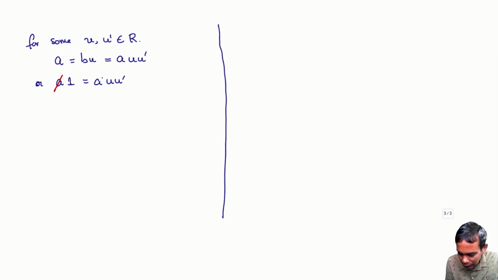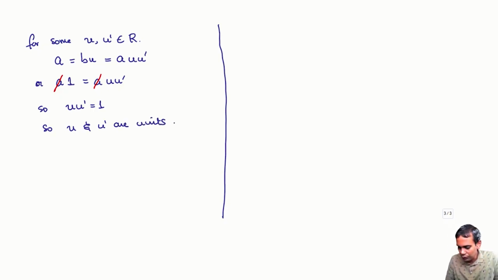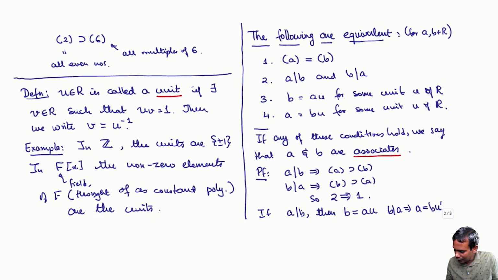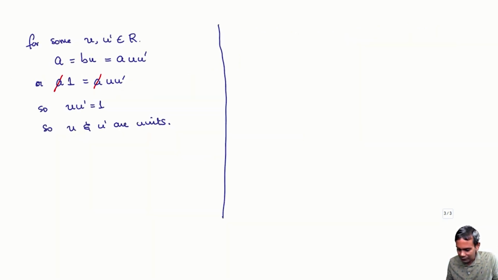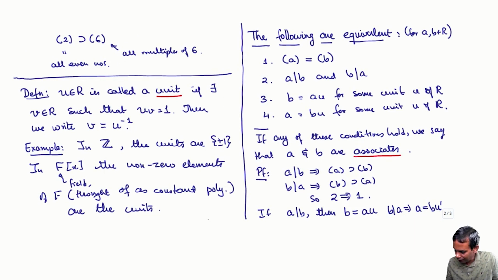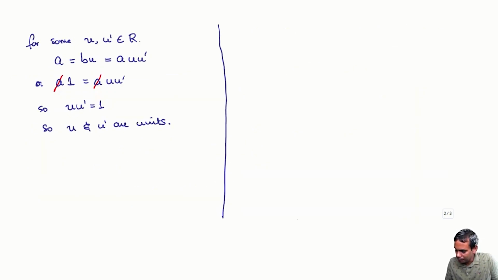And now we can use the cancellation law, which means that U and U prime are units. So what we've shown is that if A divides B and B divides A, then B is A times a unit and A is B times a unit. So we've shown that 2 implies 3 and 4.